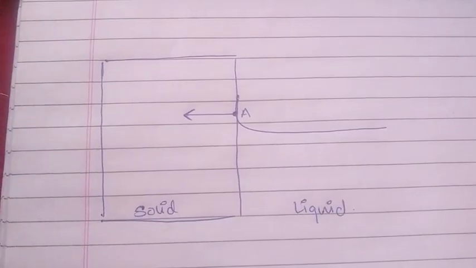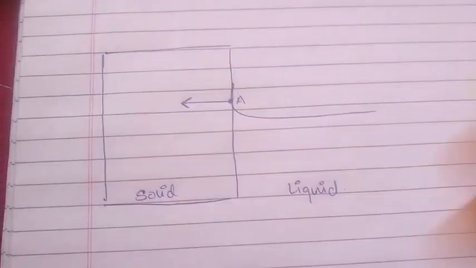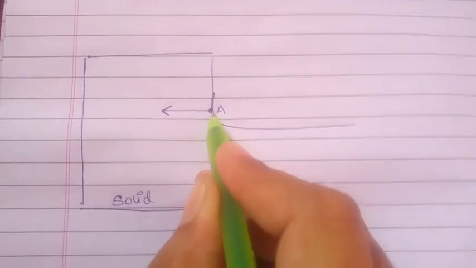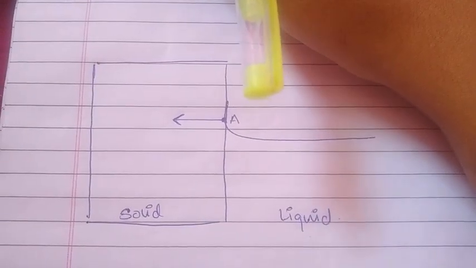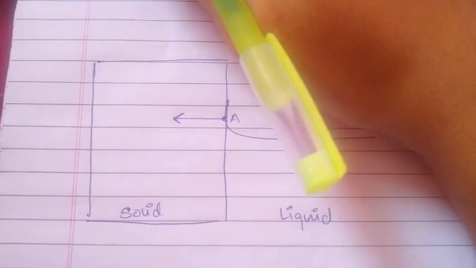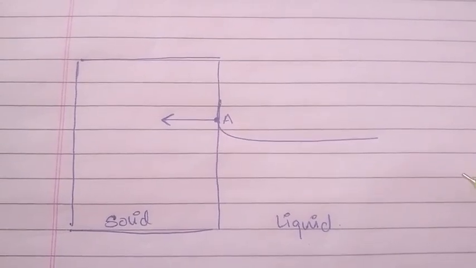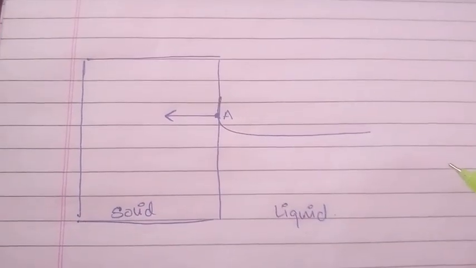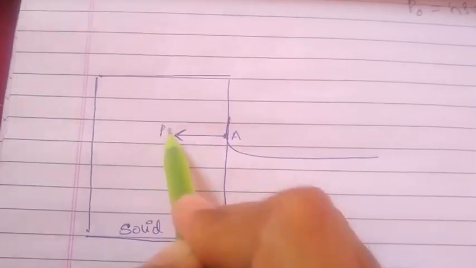We first consider a molecule A at this point. The molecule experiences both cohesive force as well as adhesive force. You can see that the net adhesive force acting is AP in this direction.